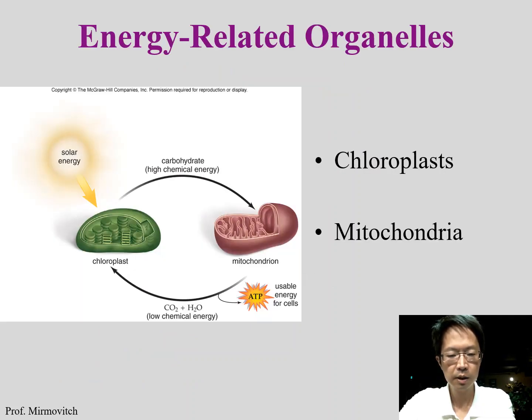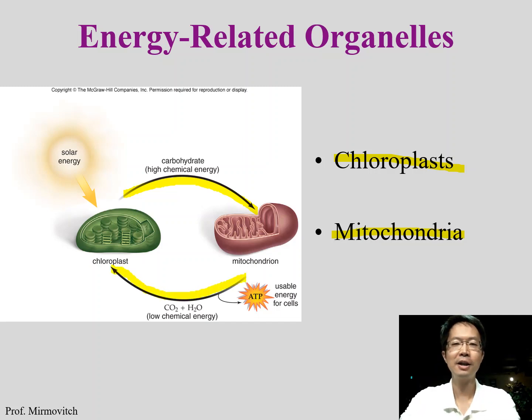So chloroplasts and mitochondria are very important. As you can see, we put these arrows like this in the pictures because photosynthesis in the chloroplast and cellular respiration in mitochondria are the exact opposite.